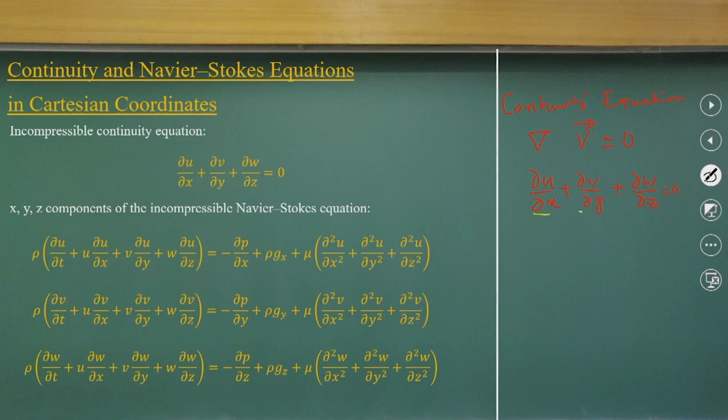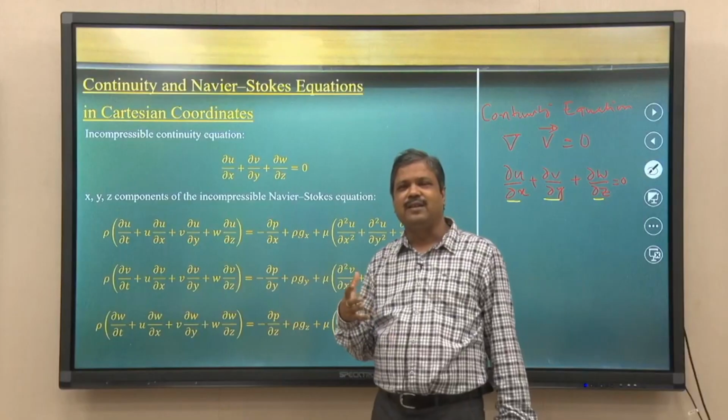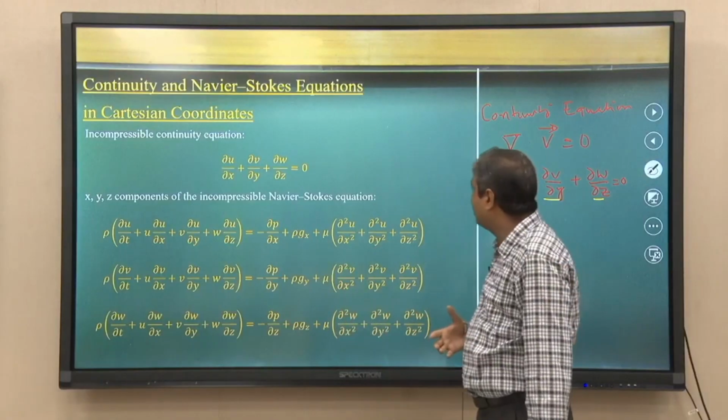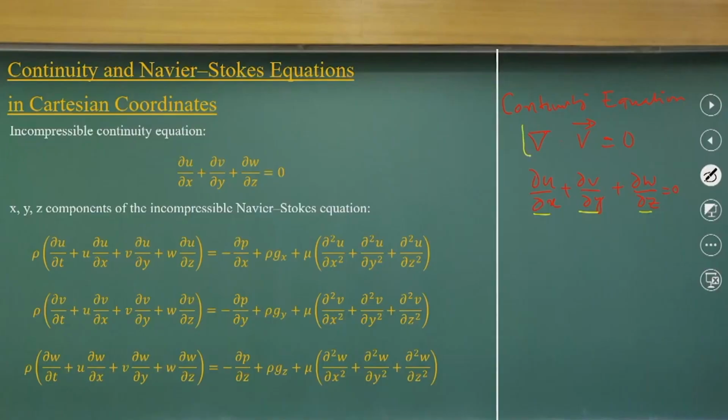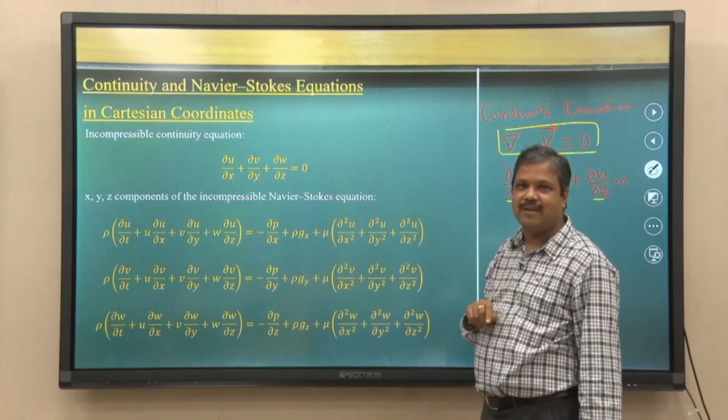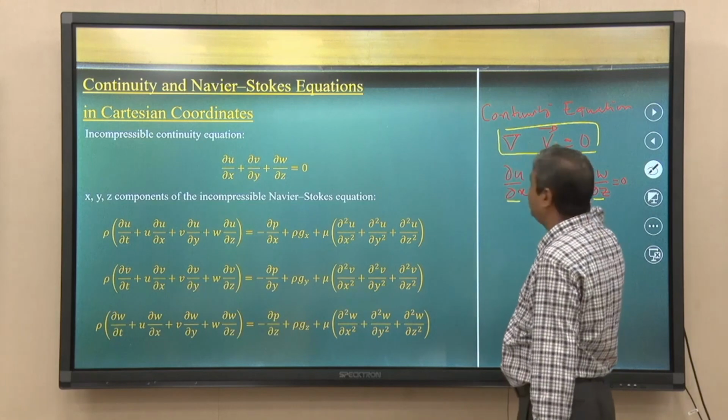So we have the gradient of the velocity field: the scalar u with respect to x, v with respect to y, and w with respect to z. That is the basic way you can remember it. For the continuity equation, you can remember it as the velocity divergence, del dot v.